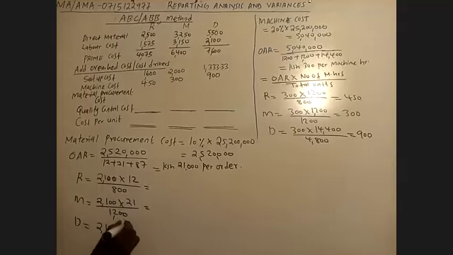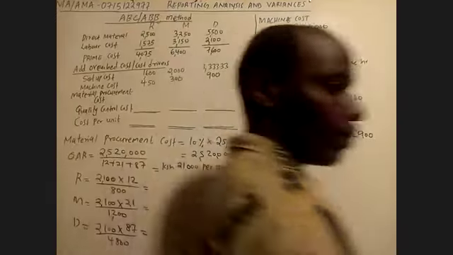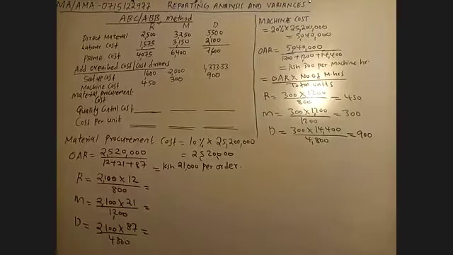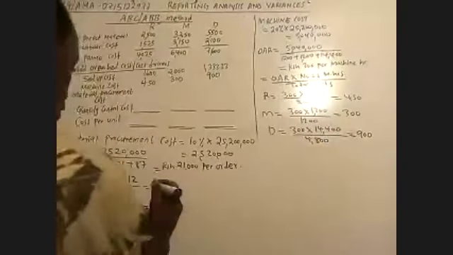How many orders? 87. We divide with the total number of units, 4,800. We shall get the cost per order of each item.